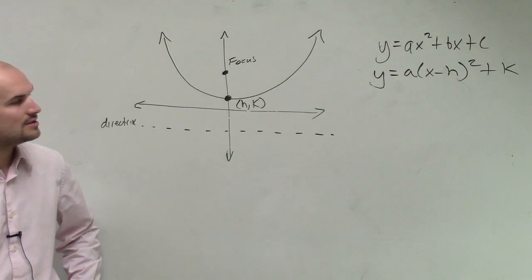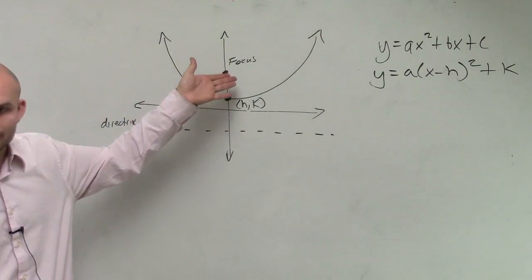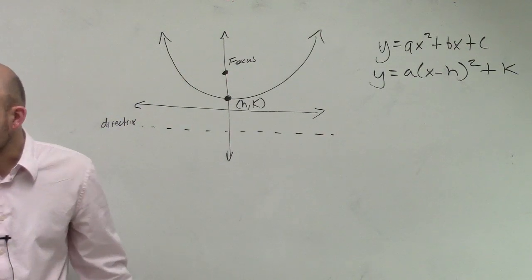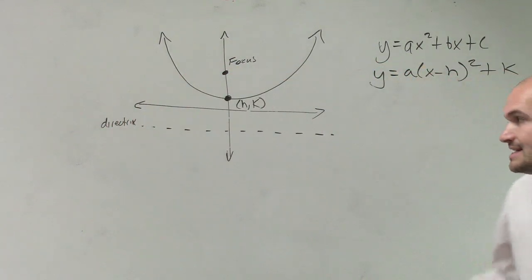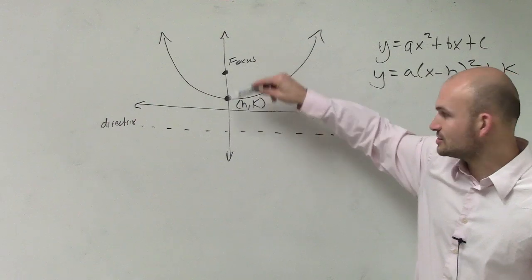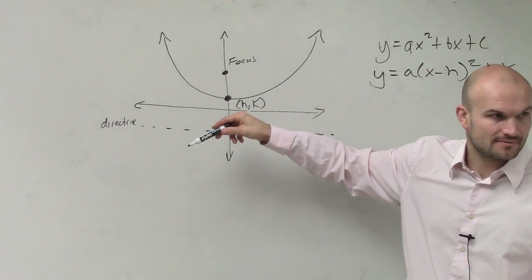All right, so now there's a difference here. We have this new definition that we implied, which we call the focus. And remember that the distance from the focus to the directrix has to be exactly the same. We talked about that.